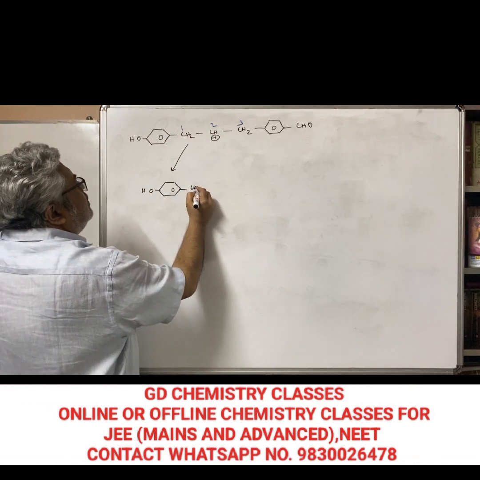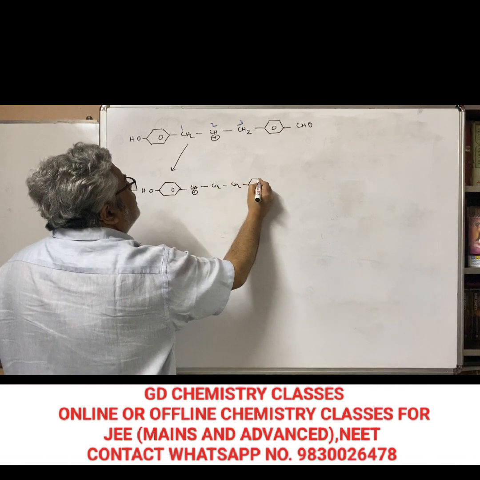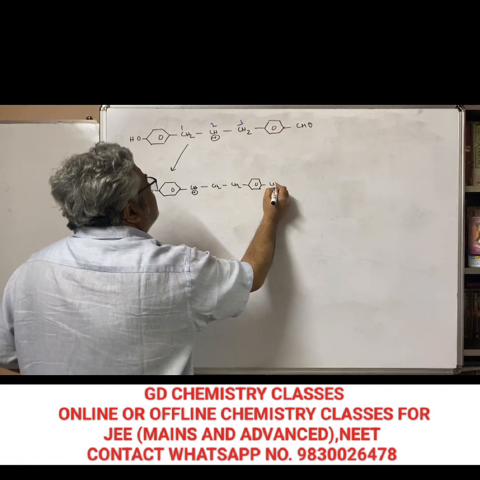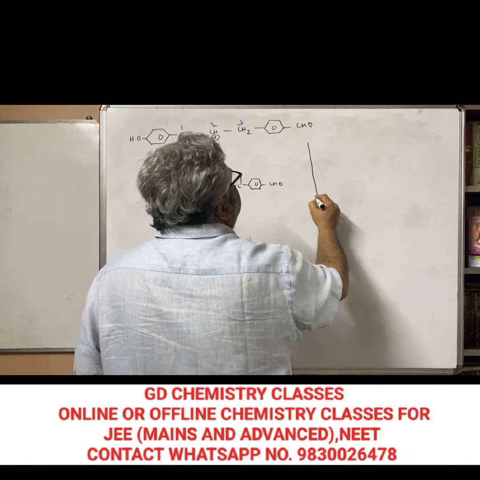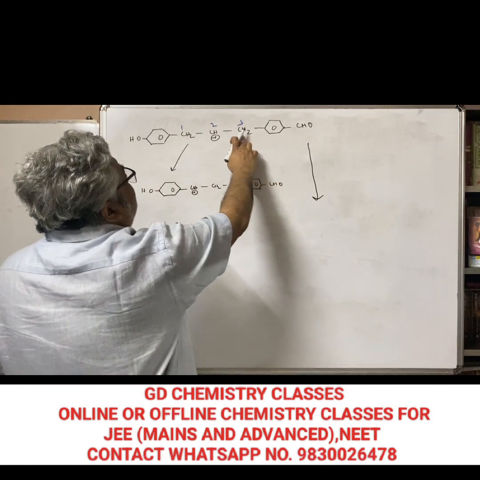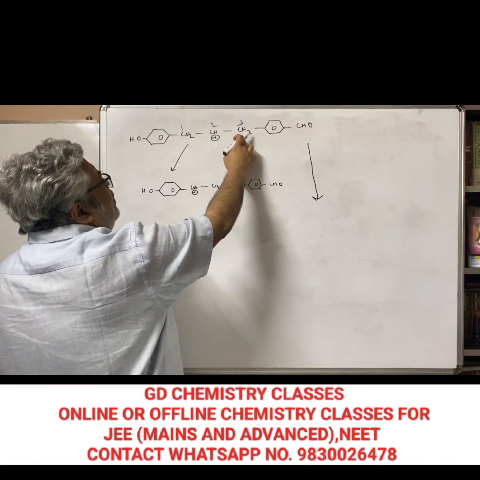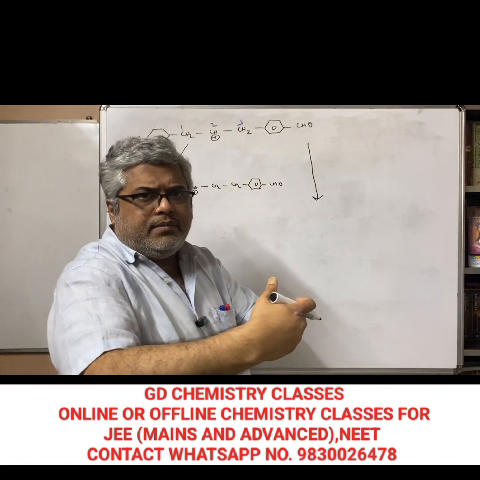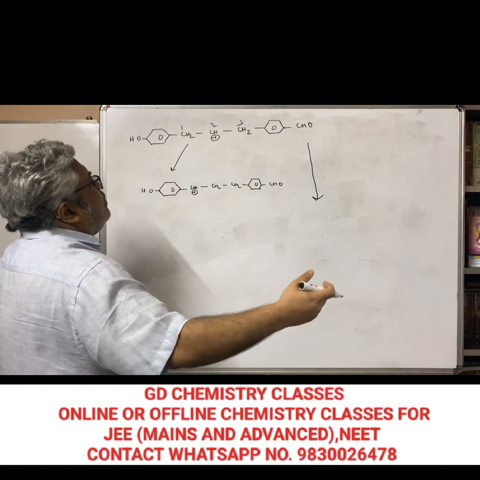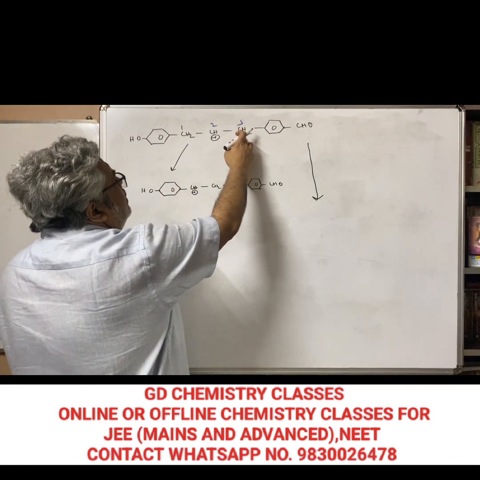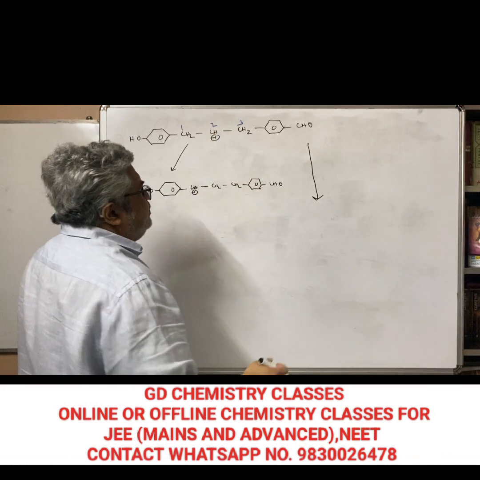So we'll get this carbocation. And suppose we are doing this shift, that is 3 to 2, which is again a 1,2 shift, meaning the hydride is shifting to the adjacent carbocation. So I'm making the shift according to this diagram, from the 3rd carbon to the 2nd carbon.